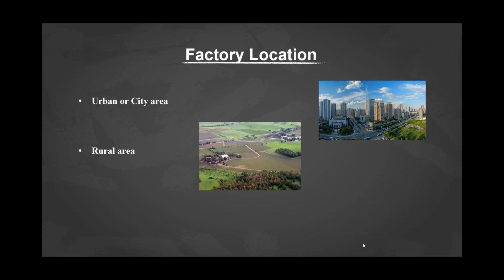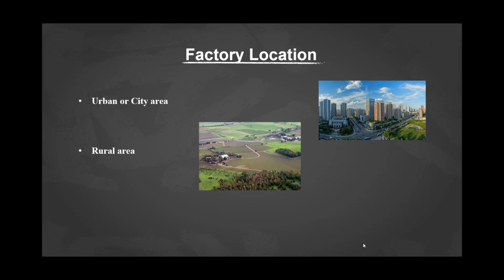Then, due to the lower standard of living, the rates of labor are also relatively lower in rural areas. As compared to the city areas, the labor force is more or less stable, which reduces the rate of labor turnover. The local taxes, which are very high in the city areas, are practically non-existent in rural areas.